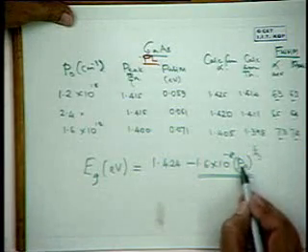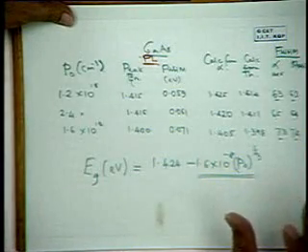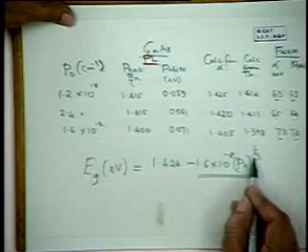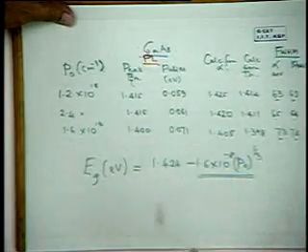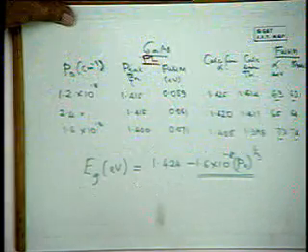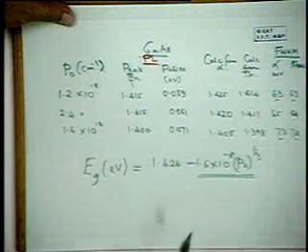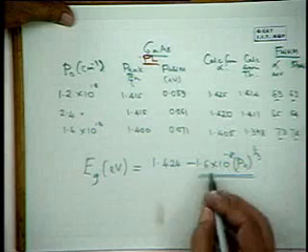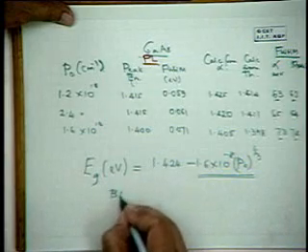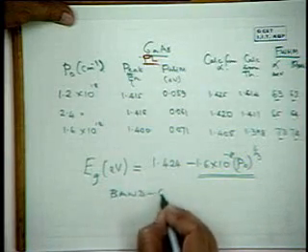P0 is the total density, and P0 to the power 1/3 is approximately the average distance between the acceptors, etc. So this is a sort of theory of band gap narrowing.